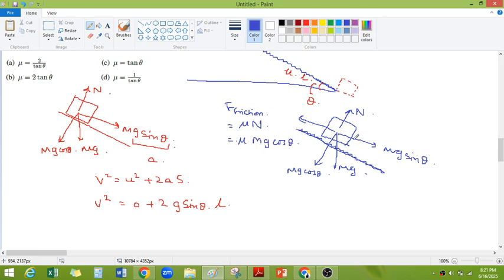So that means somebody is pulling this way with mg sin theta, somebody is pulling this way with mu mg cos theta. So that means the resultant in this direction is mg sin theta minus mu mg cos theta.